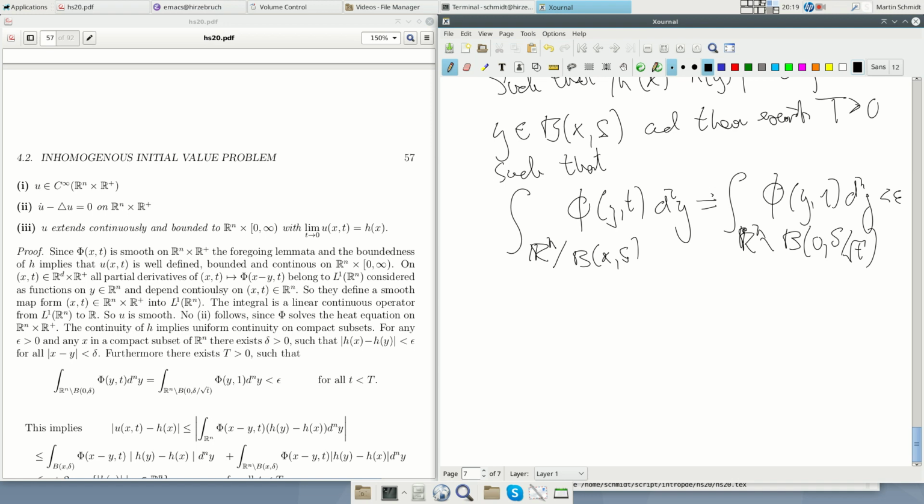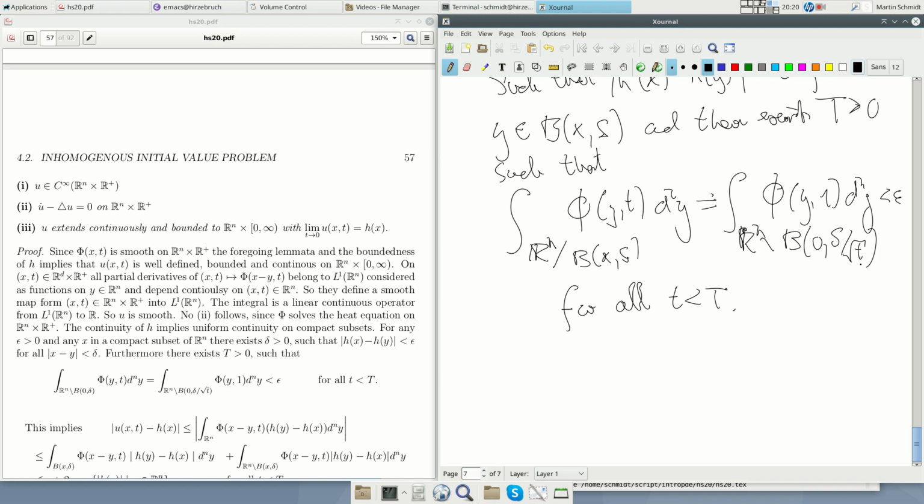Sorry, I should say for all t smaller than capital T. You see, if t becomes very small, then this ball is larger and this becomes smaller.